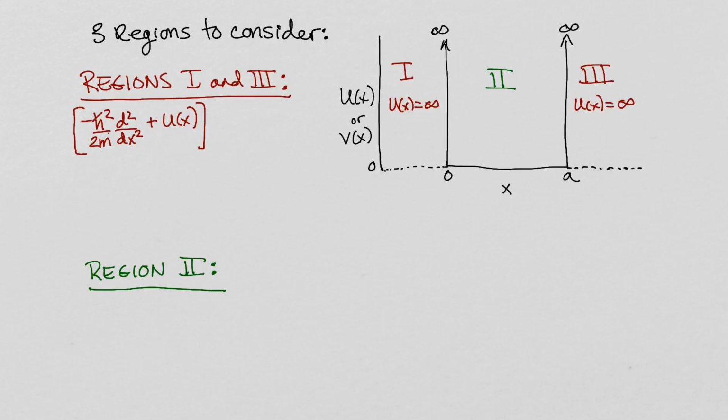Those will combine to make our total energy operator, our Hamiltonian. Remember, we have that act on our wave function psi of x, and then that's going to equal our total energy times our wave function again, and that's our initial setup of the Schrodinger equation.